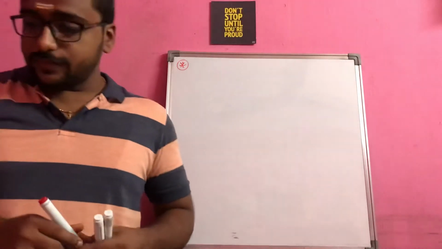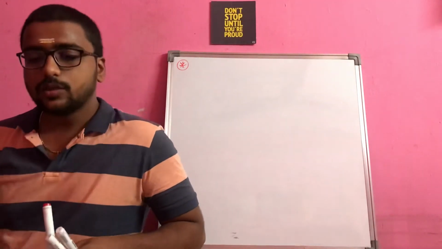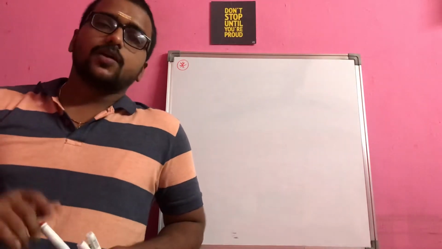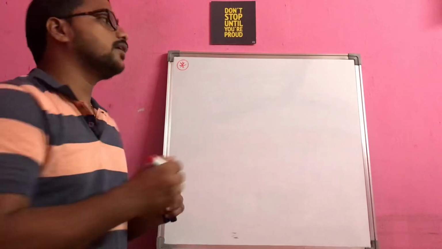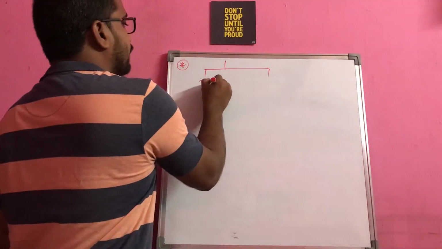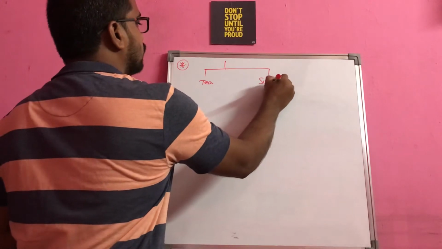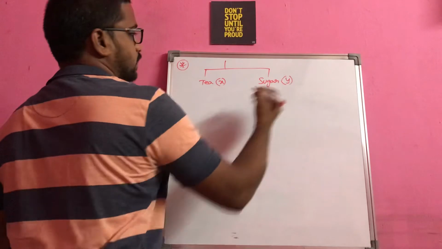1 kg of tea and 4 kg of sugar together cost 220 rupees. 1 kg of tea and 4 kg of sugar. So here you are having two items again. One is tea and another is sugar. Okay, so let us say this is x rupees per kg, and this is y rupees per kg.